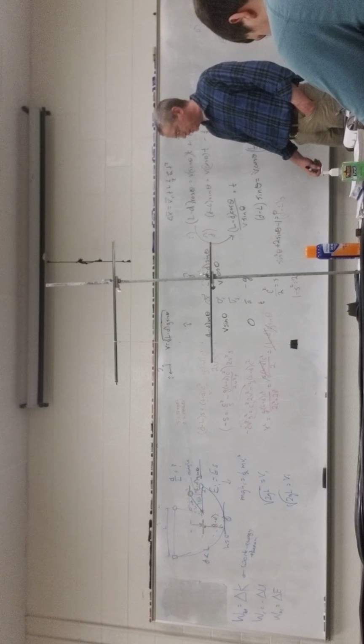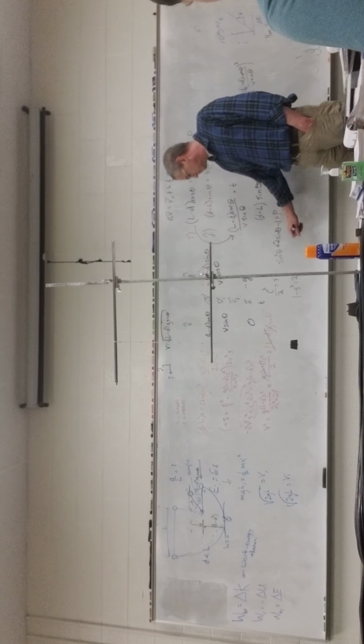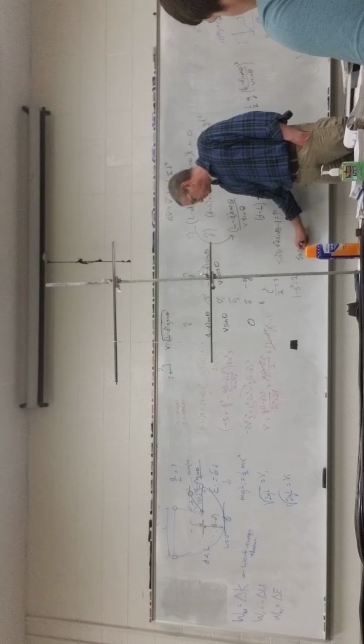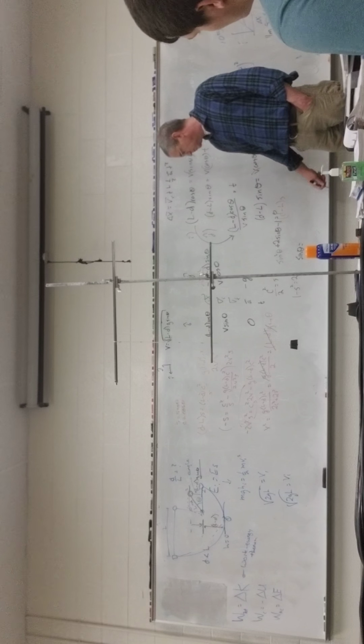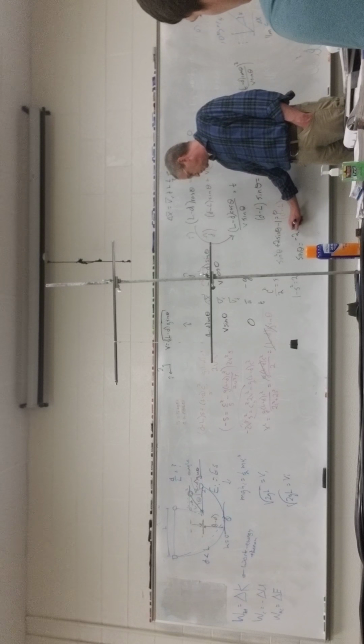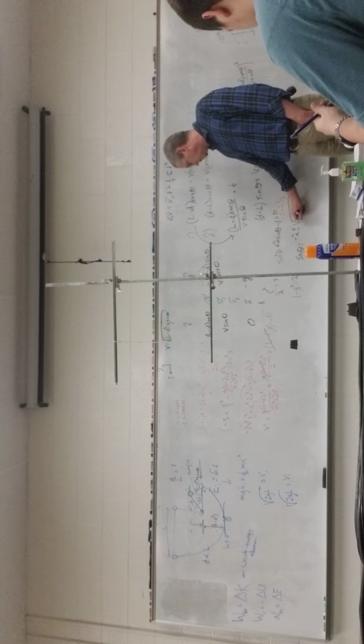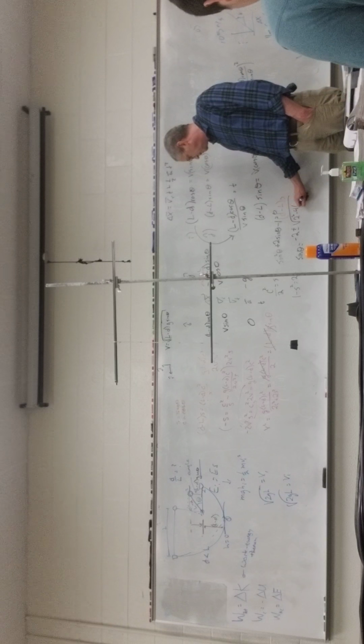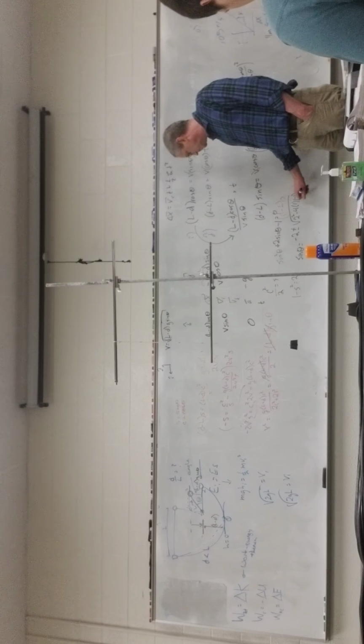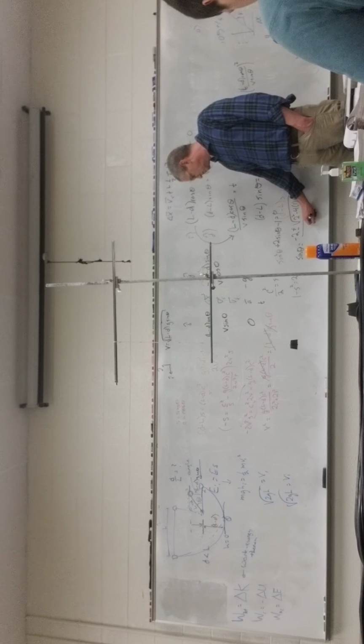Little Pythagorean, quadratic formula. So sine theta is equal to negative 2 plus or minus the square root of 2 squared minus 4 times 1 times negative 1, over 2.